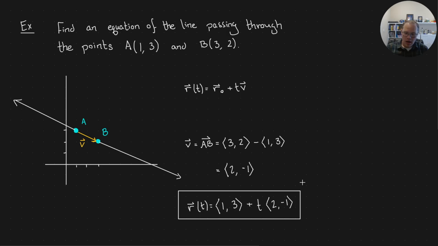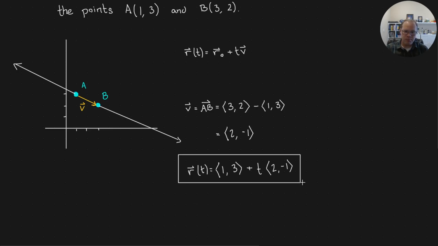Okay? If I wanted to, I could shove this all together and do the scalar multiplication. So if I multiply the t through, I get 2t, and then negative 1 times t is negative t. And then add the vectors together.